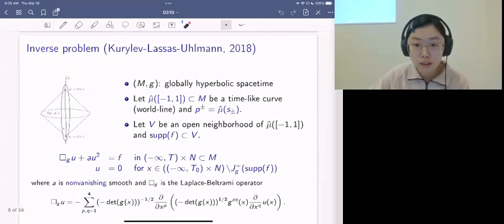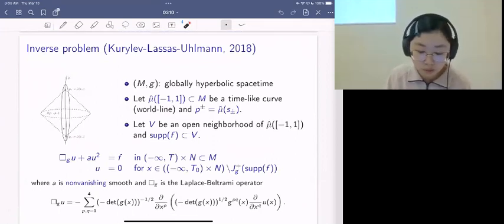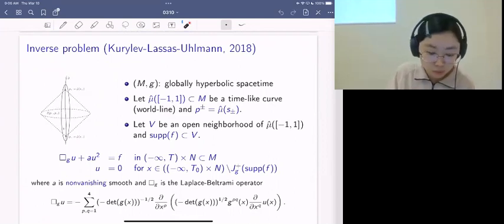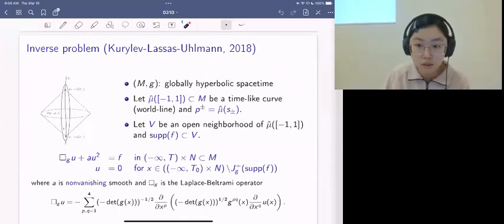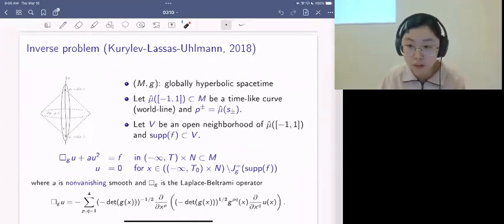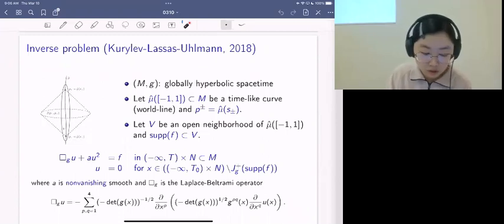So in this Lorentz manifold without boundary, we consider the following inverse problem. Suppose we have a time-like segment mu hat, which is the worldline of an observer. Let p minus and p plus be two points along this time-like curve.